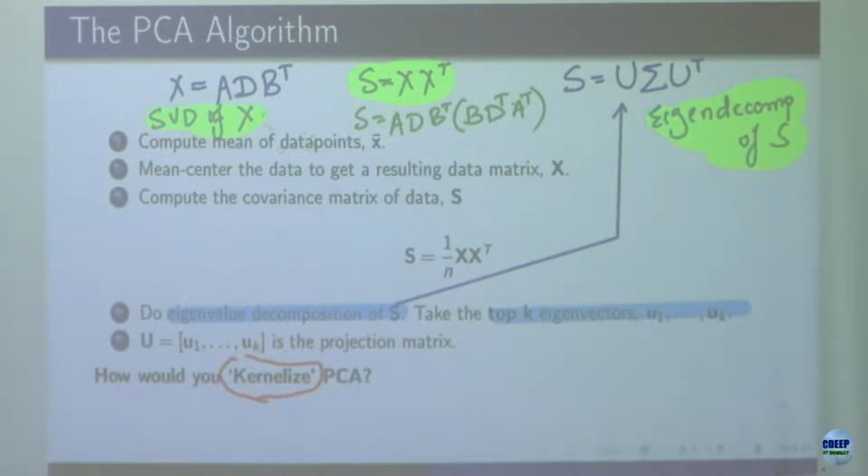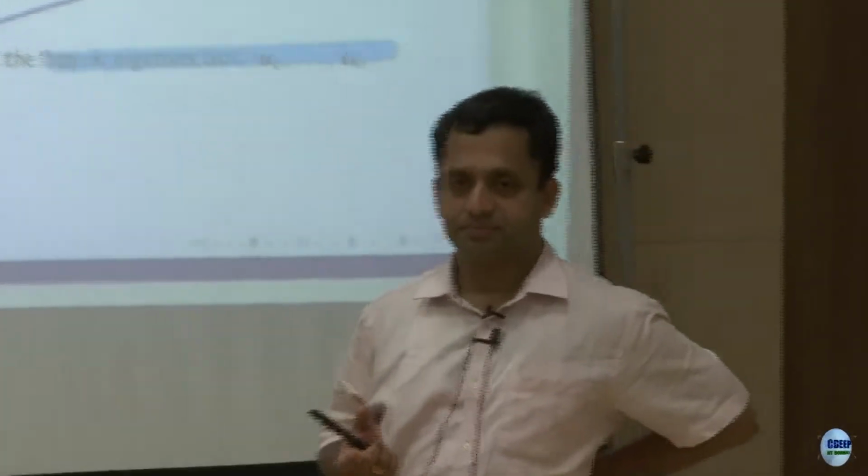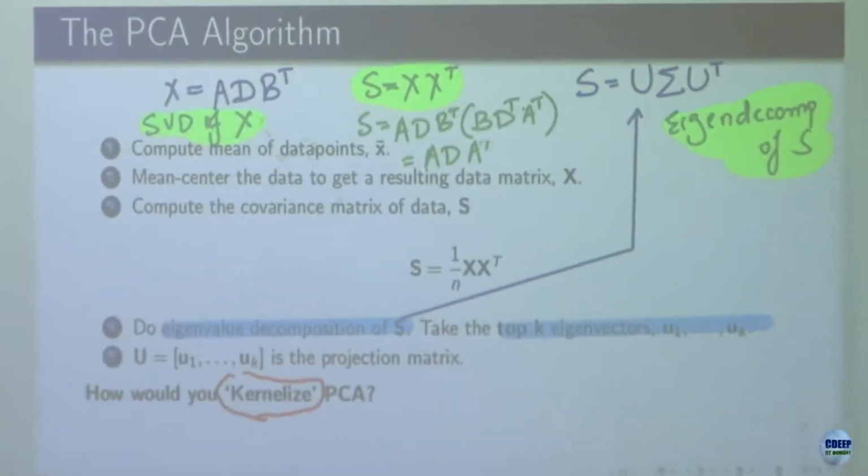What should be the form of A and B? Both A and B are orthonormal, right? I mean, I'm assuming that you have that background, right? So B transpose B is identity. So as a result this will be A D squared A transpose.